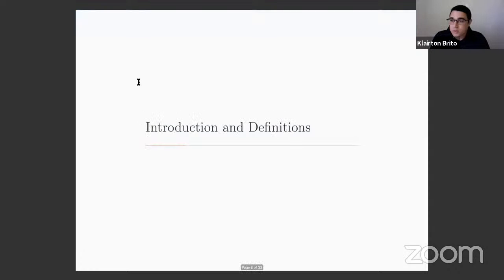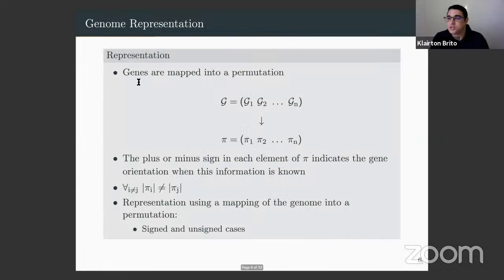And now I would like to introduce some definitions and important concepts. First of all, we need to know how to represent the genome. In this work, we represent the linear genome as a permutation. And given a linear genome, we map each gene or block of genes as an element of a permutation.